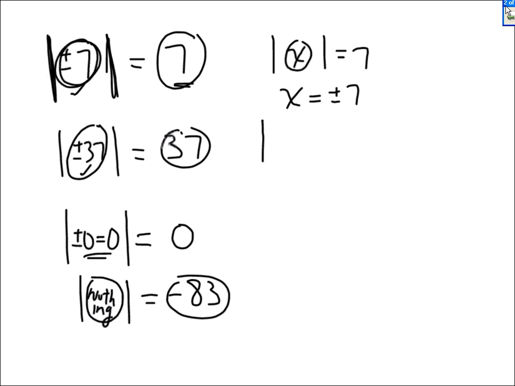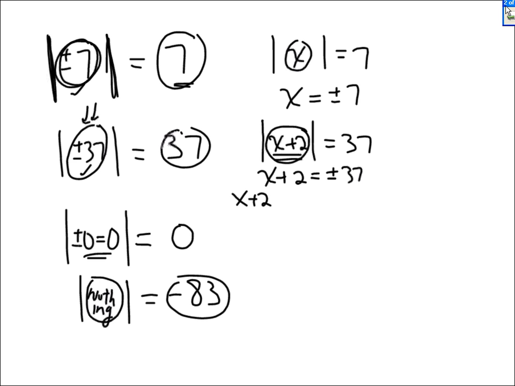If I told you the absolute value of x plus 2 is 37. Well, I know what can go in there. We just did it. Plus or minus 37. Now, of course, I won't let x be 37 because 37 plus 2 is not one of those two numbers I said can go in there. I'm going to say what's in there. It must be plus or minus 37.